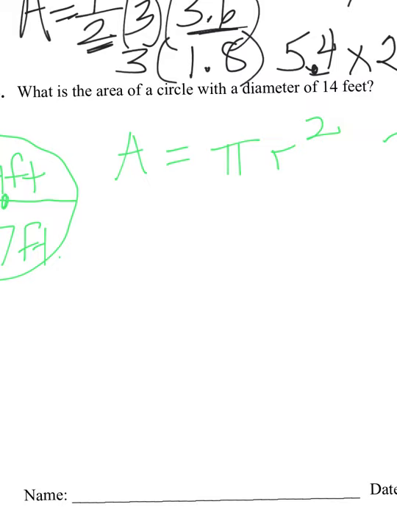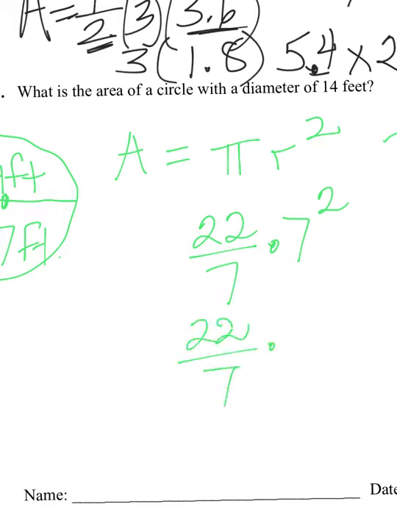We use 22/7 when our diameter radius is a multiple of 7. That is correct. We would use 22/7 for pi here because when we square 7, 7 squared, we get a number that we know 7 can divide evenly into, which is 49.